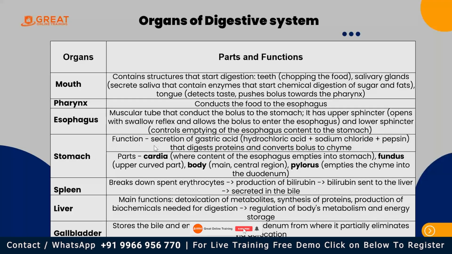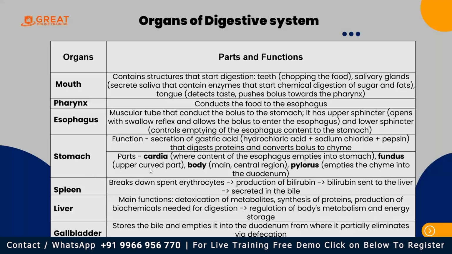Then the stomach's function is the secretion of gastric acid: hydrochloric acid plus sodium chloride plus pepsin. Gastric acid is made up of hydrochloric acid, sodium chloride, and pepsin, which digests protein and converts the bolus back to chyme.